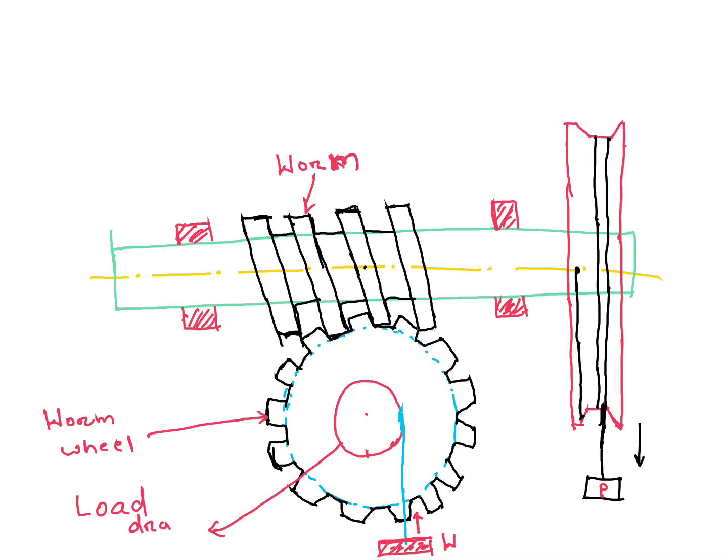Here effort wheel. If you apply effort here, P for example, effort is P, we are applying here. Here W is the load W, it will go upwards. These are the bearings.